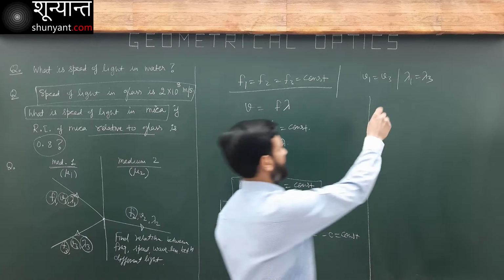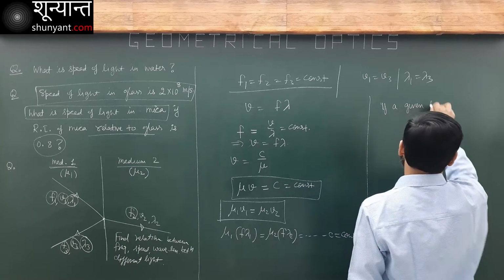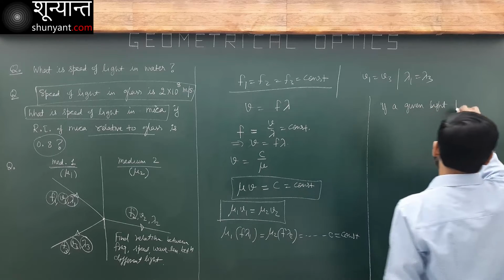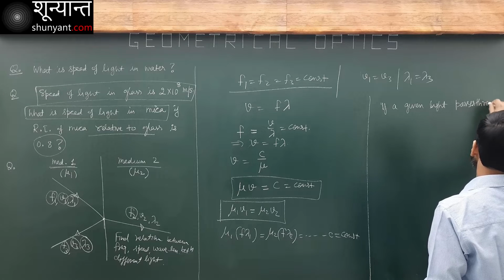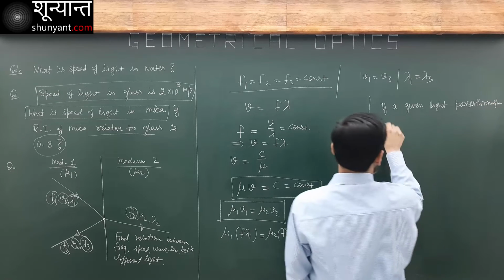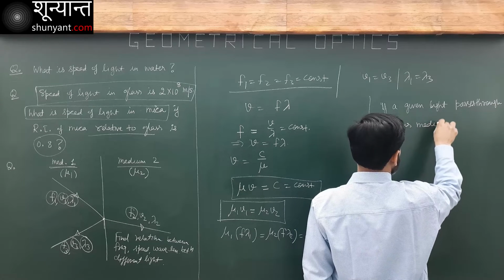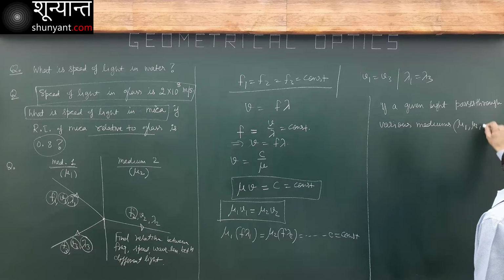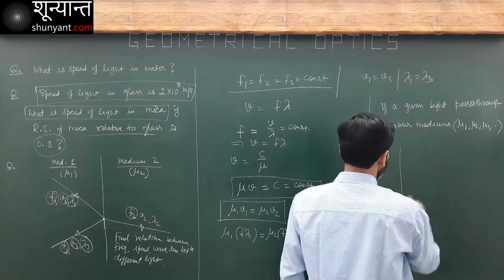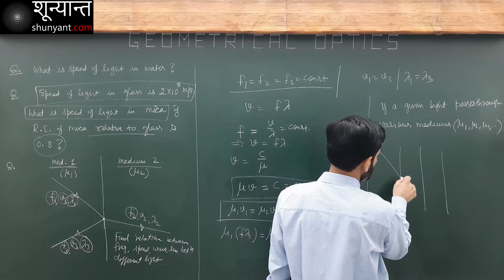Okay, if a given light ray passes through various mediums, mu1, mu2, mu3 and all that. So I have many media. I have this light ray.